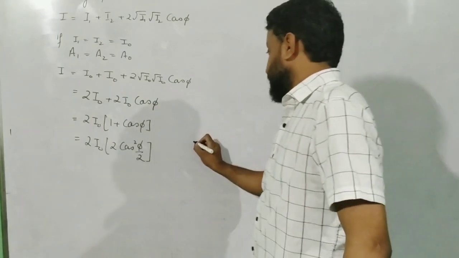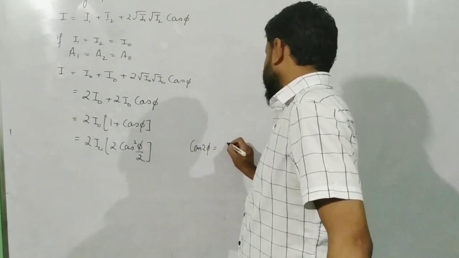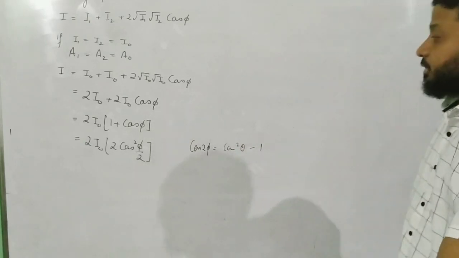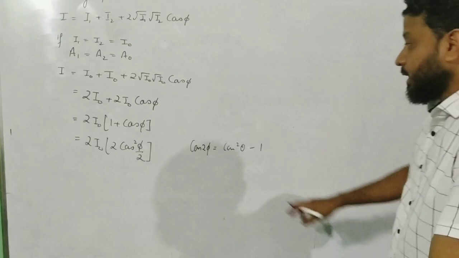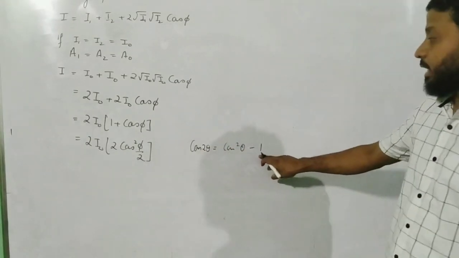The formula is this: cos 2 theta is equal to 2 cos square theta minus 1. This is the formula which I am talking about.